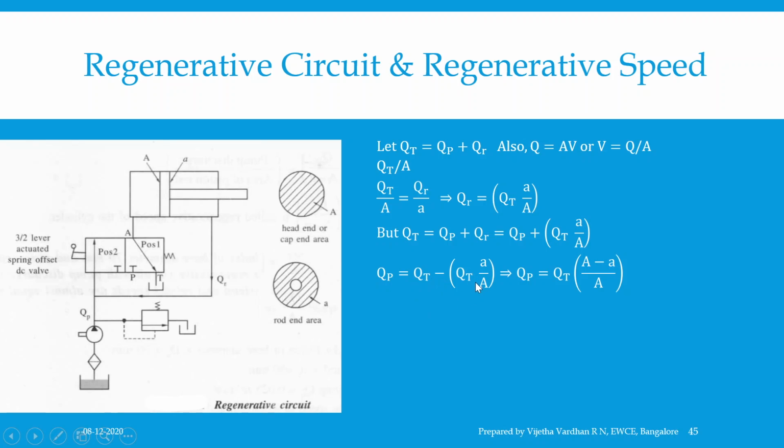Then taking QT as a common factor and taking an LCM, QP will be equal to QT into capital A minus small a by capital A.